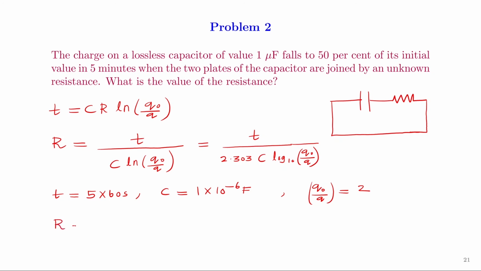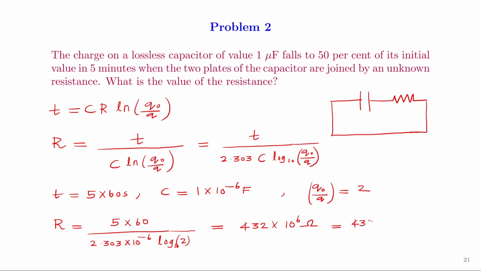Hence, the value of the resistor R equal to 5 times 60 over 2.303 times 10 raised to minus 6 times log to the base 10 of 2. When we calculate this, the value turns out to be 432 times 10 raised to 6 ohms, or this is equal to 432 megaohms.